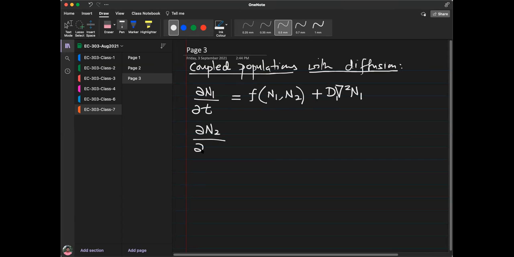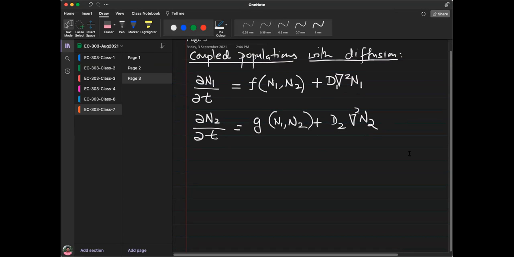We also have a second population and the corresponding diffusion equation. So now we have a coupled population dynamics, both of which are diffusing in space.